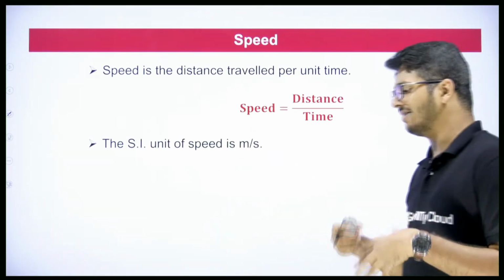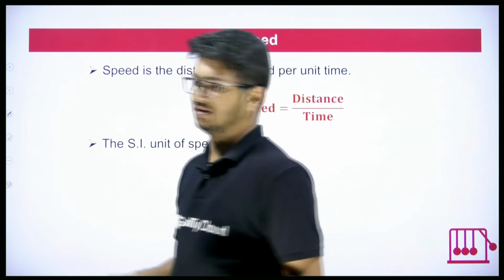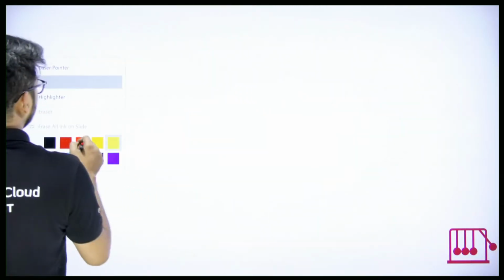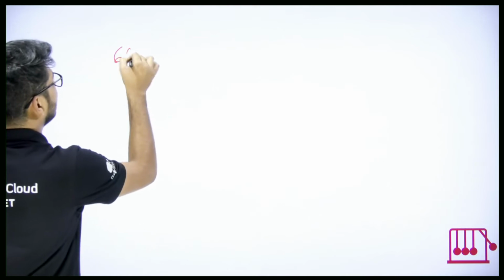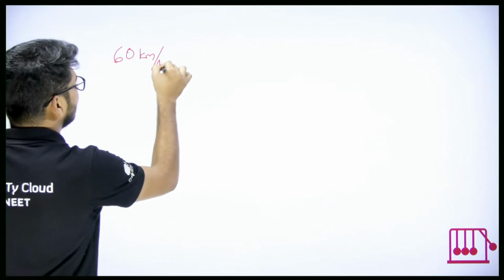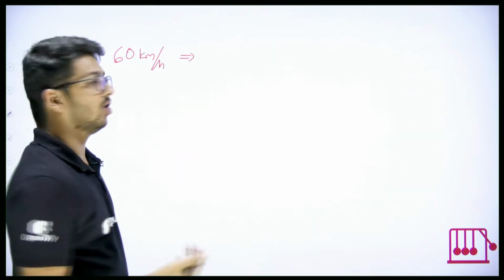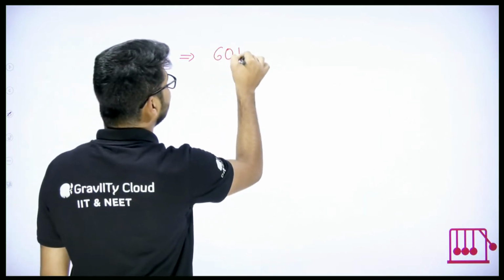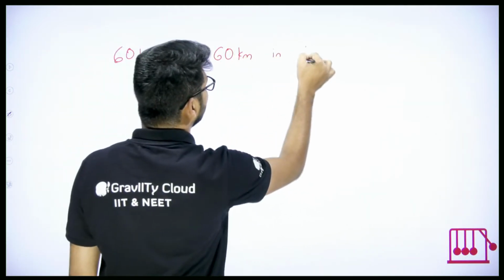So we already have a basic idea of what speed is. In fact, when we say 60 kilometer per hour, what does that mean? It implies that the object travels 60 kilometers in 1 hour.